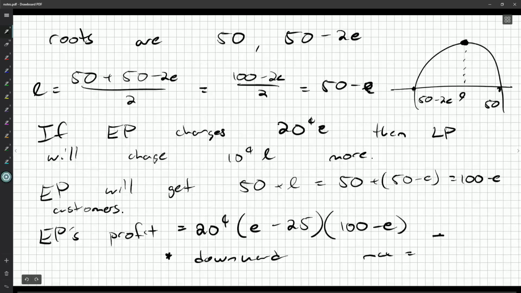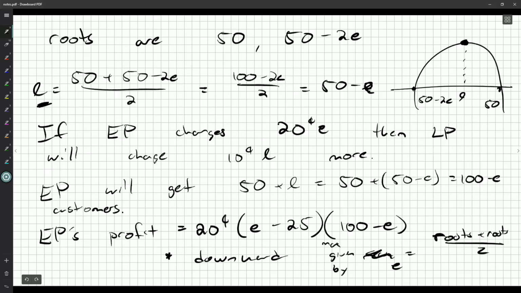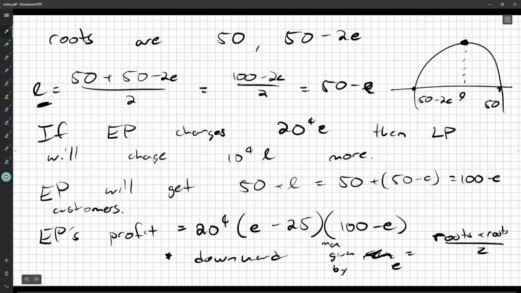The max is given by E being the average of the roots. Just like L here. This L is not the maximum. It's just the L that will give Lino the greatest profit. Okay. So, our two roots are 25 and 100.